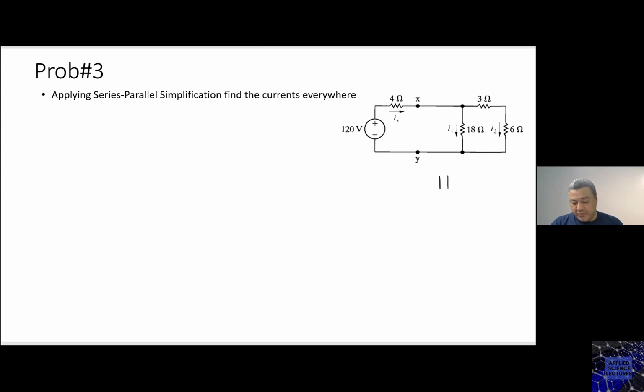So the first step you probably can do is 3 and 6 are in series. That's correct. Makes it 9. And then this 9 and 18 are in parallel. So we can say that this is going to look like this.